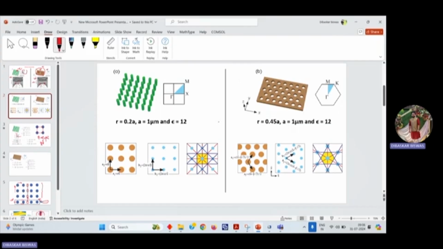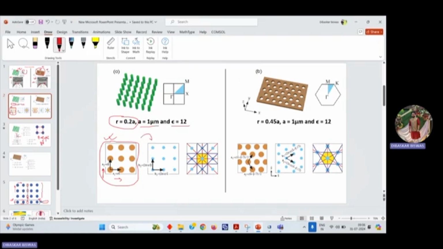So first we shall come here and see the dimensions. The radius of the dielectric rods is 0.2 times a, where a is the lattice constant. We have taken a as 1 micrometer, and the dielectric constant as 12. You know from the earlier lectures that this is the real space lattice, and the translation vectors in real space are a1 and a2, where a1 is a times x-hat and a2 is a times y-hat.